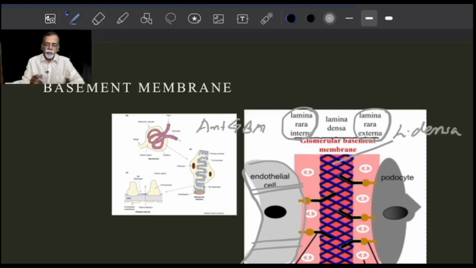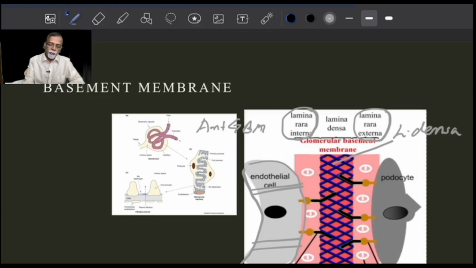They can destroy the basement membrane and can lead on to massive proteinuria, or to passage of RBCs through the urine. In the same way, I have said the podocytes are producing and maintaining the basement membrane. So disruption of the podocyte or the foot processes can lead on to disruption of the filtration barrier.